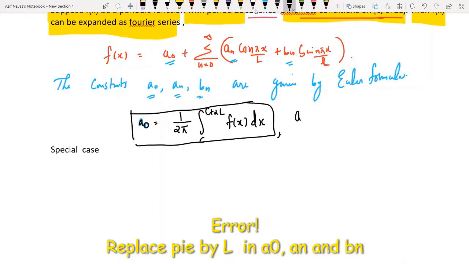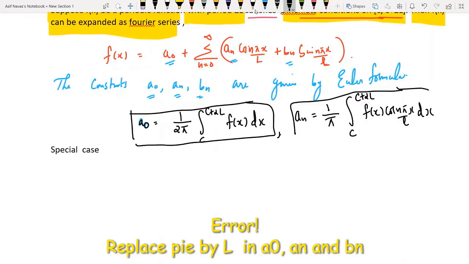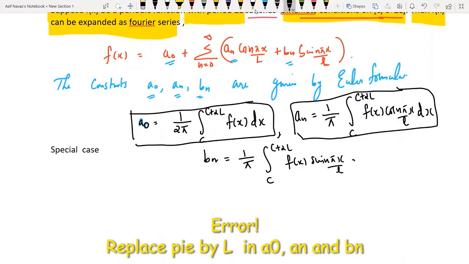And an = (1/l) ∫ from c to c + 2l of f(x) cos(nπx/l) dx. This is an. And bn is given by (1/l) ∫ from c to c + 2l, that is the interval, of f(x) sin(nπx/l) dx. So this is called Euler's formula.